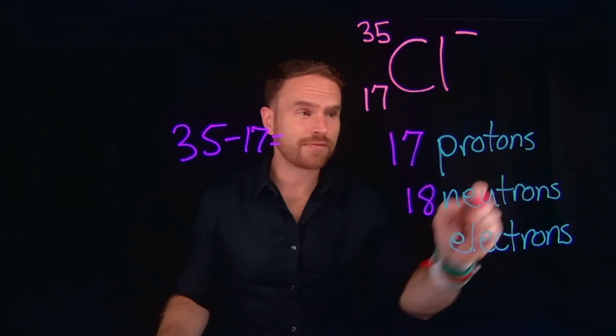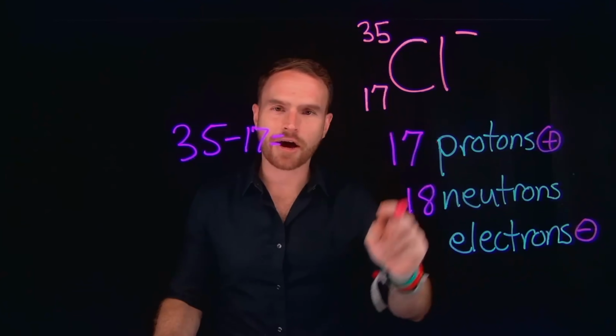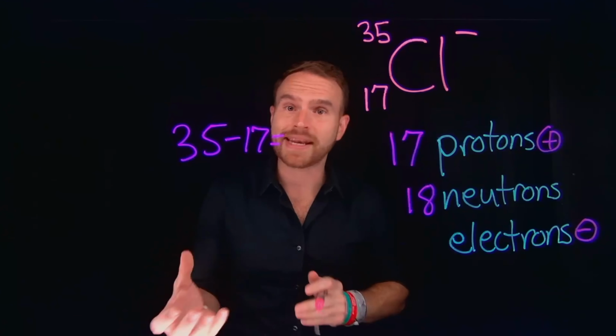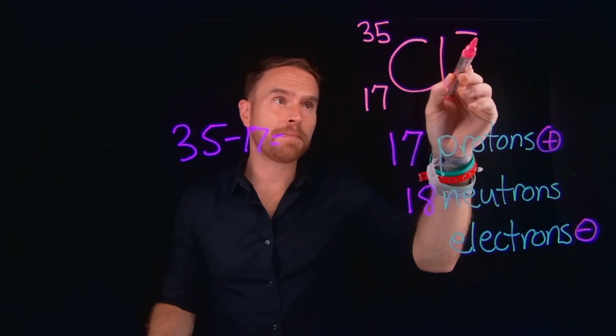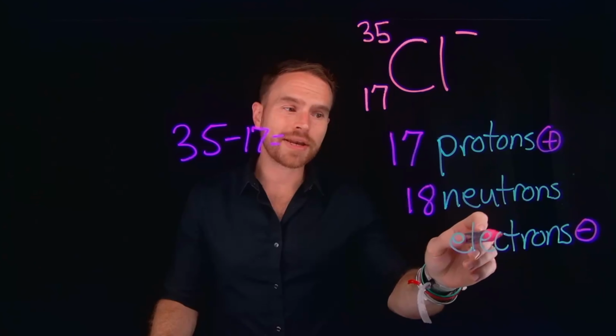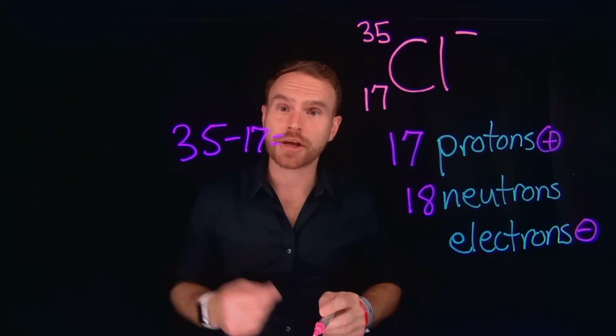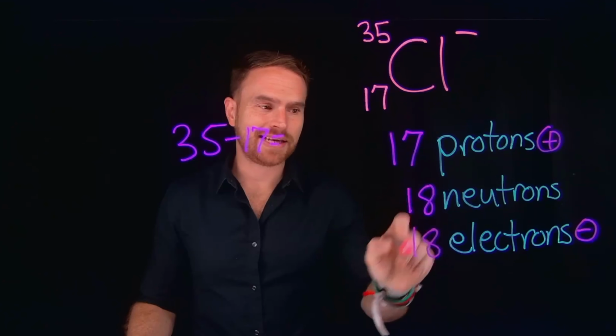Protons are positively charged and electrons are negatively charged. So if this ion or element were neutral, there would be an equal amount of protons and electrons. However, since there is a 1 minus charge for this ion of chlorine, then we know that there must be 1 extra electron compared to the number of protons. And therefore, this ion must have 18 total electrons.